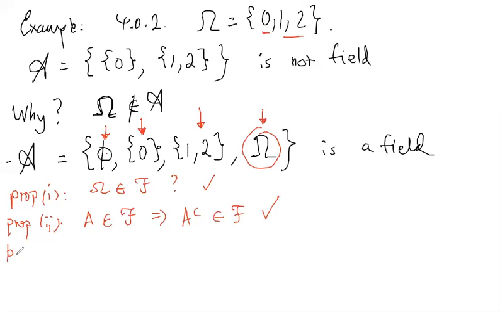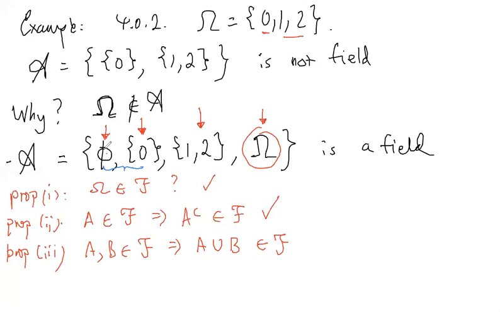Okay, and then we check property 3. A, B in F implies that its finite union is also in F, right? So let's look at the pairs. So we have to check all pairs.